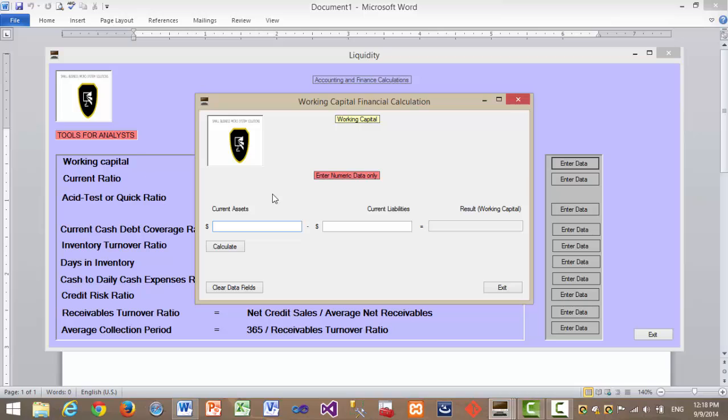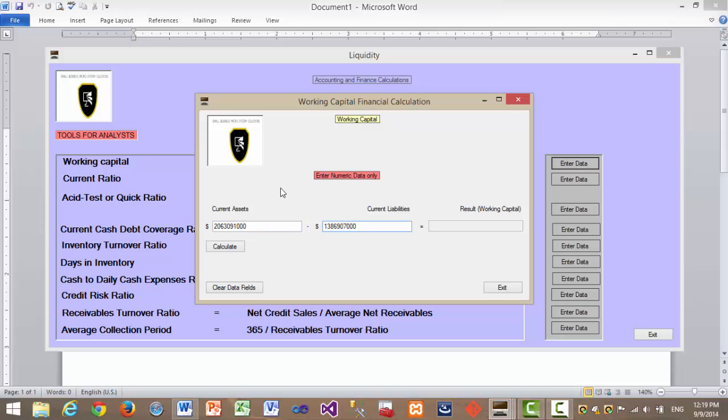We will input values of, let's just say, 2,063,091,100,000, and we'll subtract that by 3,086,907,000.